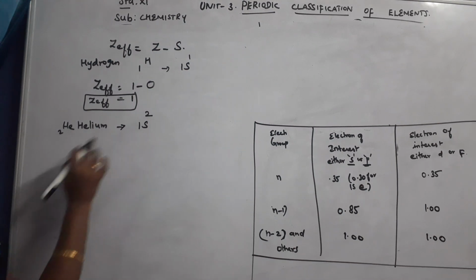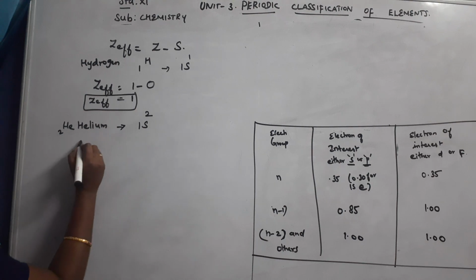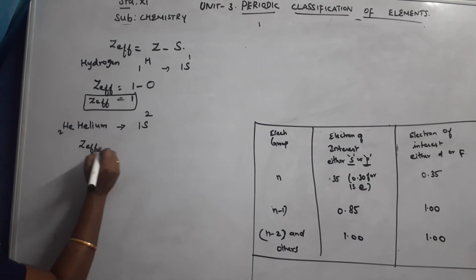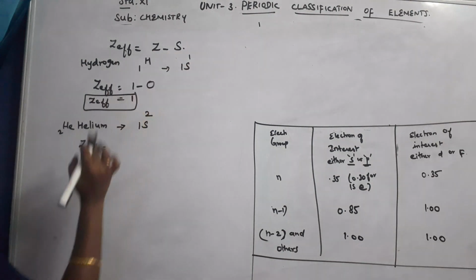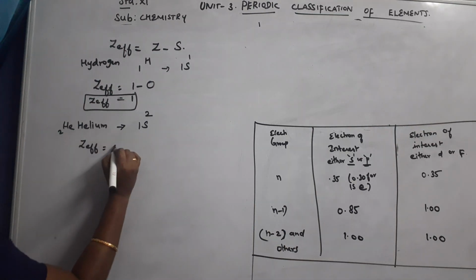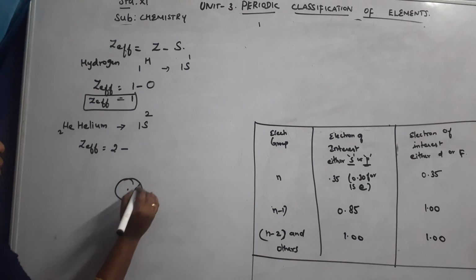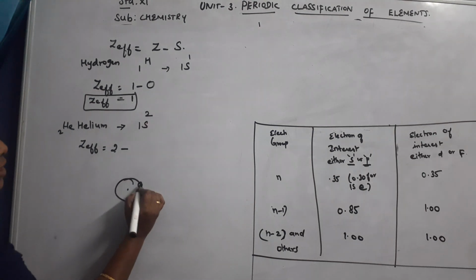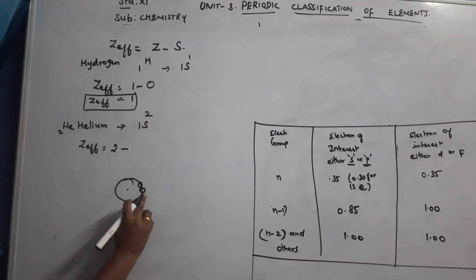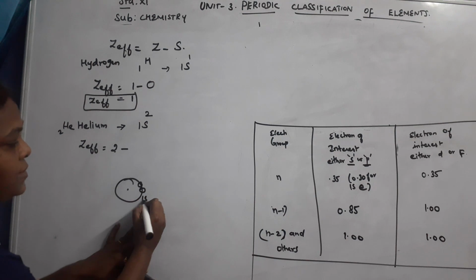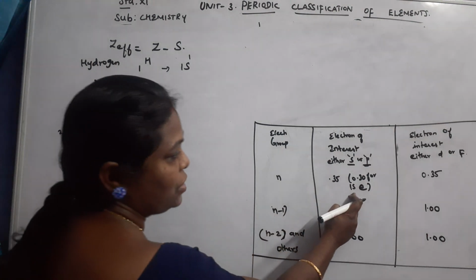So for the 1s orbital, how do we calculate? What is the formula? Z effective equals atomic number minus screening effect. What is the atomic number for helium? 2 minus. The first shell contains 2 electrons, so this is the 1s orbital. There is an exception here.